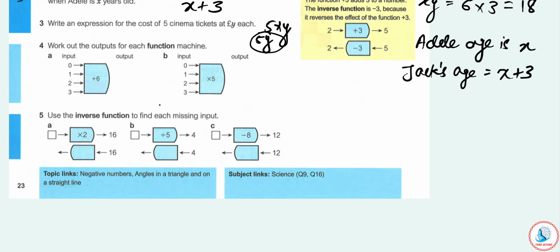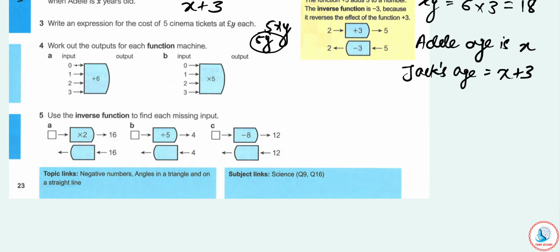It says work out the outputs for each function machine. The inputs are given as 0, 1, 2, 3 and we have to perform the operation plus 6 and then write the answer in the output section. So how are we going to do that?